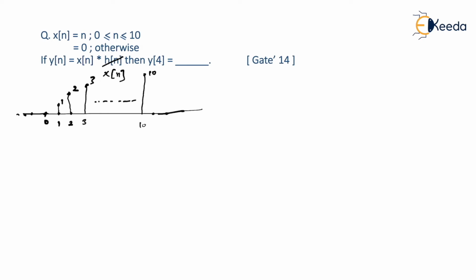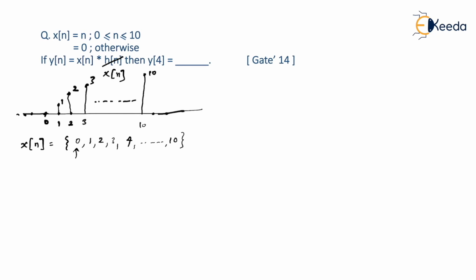Even before this, it is always 0. So this kind of signal it is. So I can actually write x of n in the form of sequence like this. X of n equal to 0, comma 1, comma 2, comma 3, 4, and so on up to 10. Have an arrow mark here.